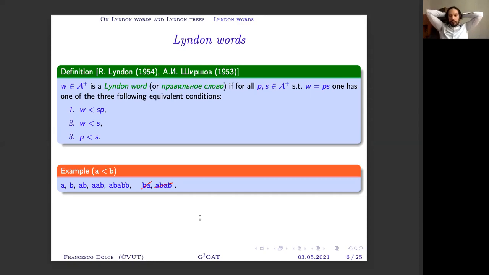But you can also call them pravilnye slova, that's the original definition from Shirshov, or regular, correct, legal words. I don't know how to translate properly.